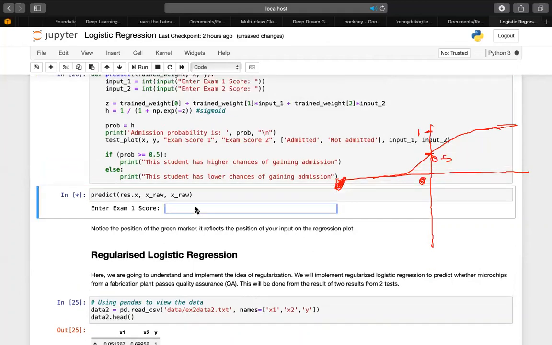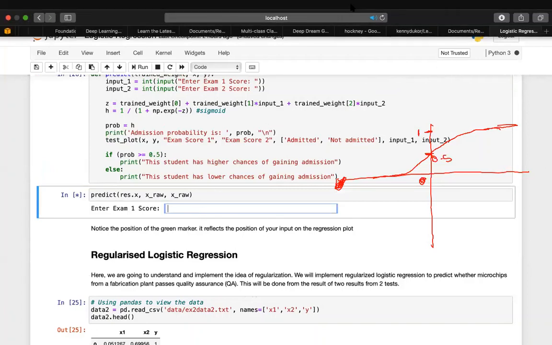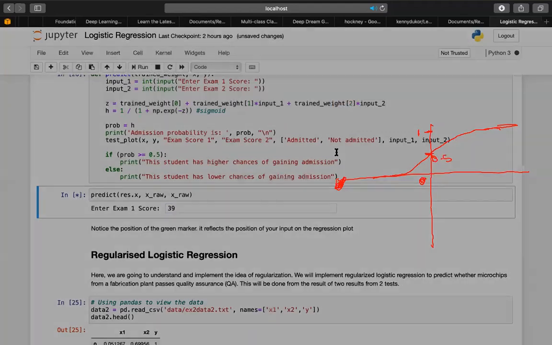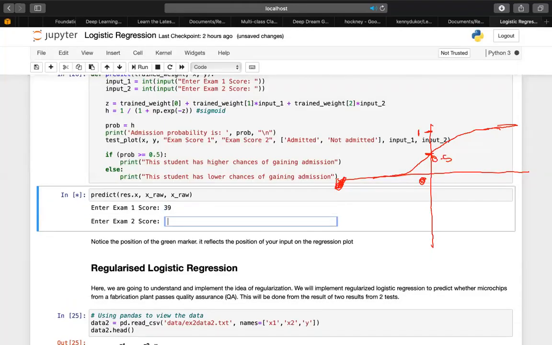Give me any score, maybe just pick someone's score. Should I choose somebody to give us the score? 39. Ah, the person failed. 39. Okay, exam 2.